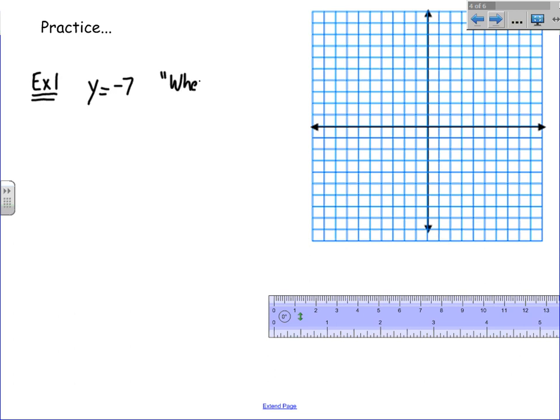where are all of the points with y values of -7? All right, let me just find one. Anything, can you come find one for us? Y equal to -7.